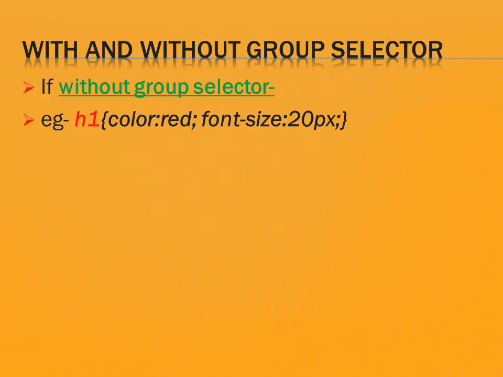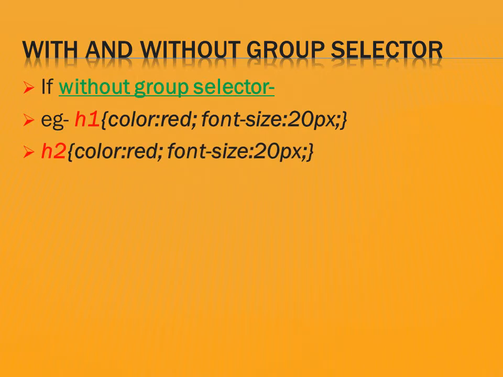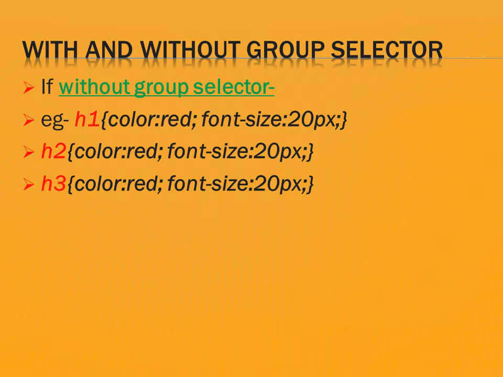At that time, if I require to apply the same properties and values for the h2 tag, then the syntax should be h2, color red, font size 20 pixels. And if I require to apply the same properties on the h3 tag, then I need to write the syntax like h3, color red, font size 20 pixels.